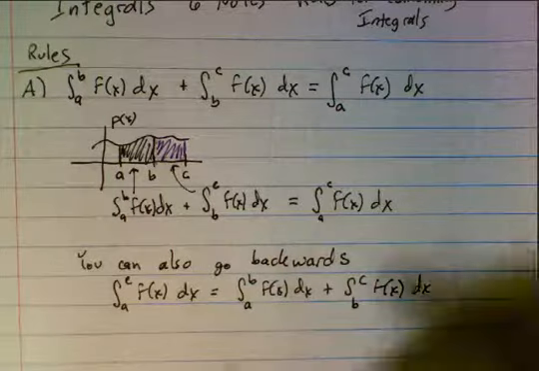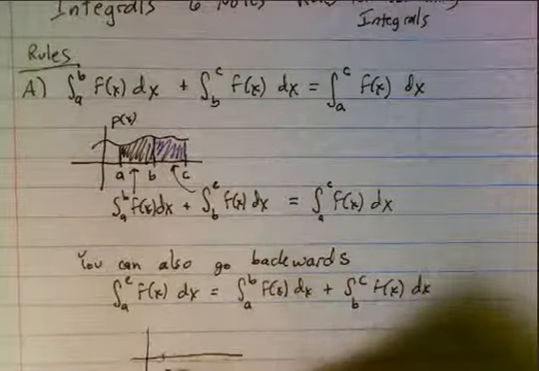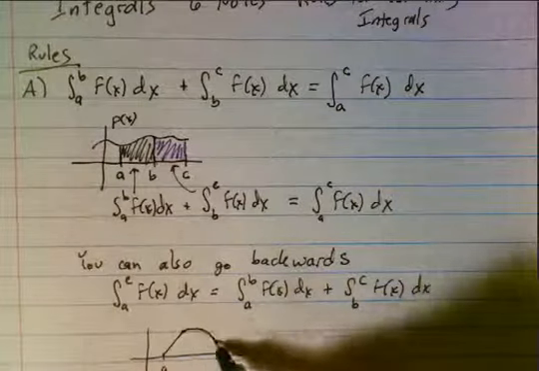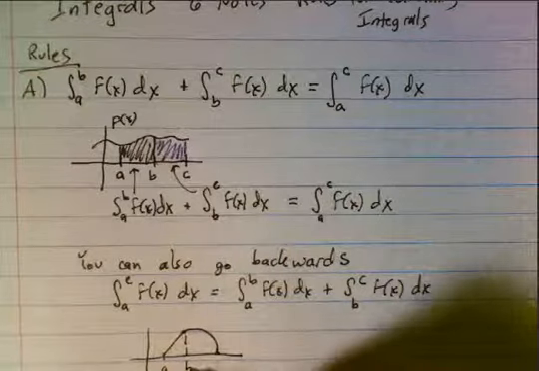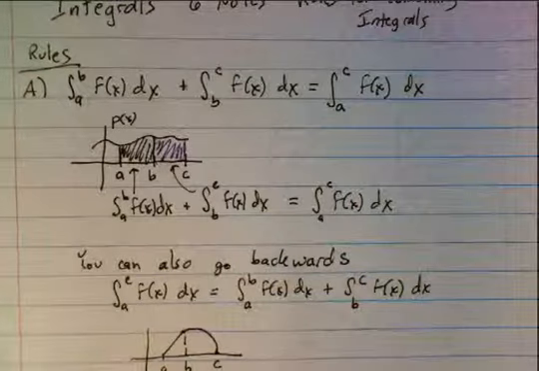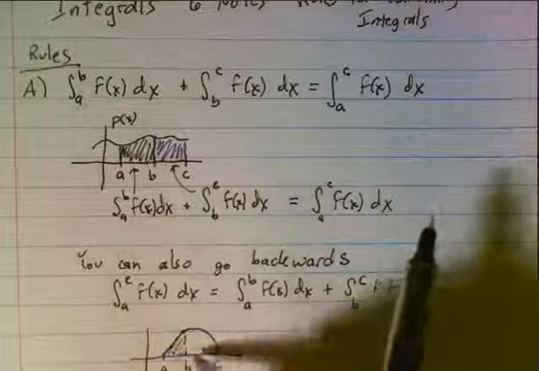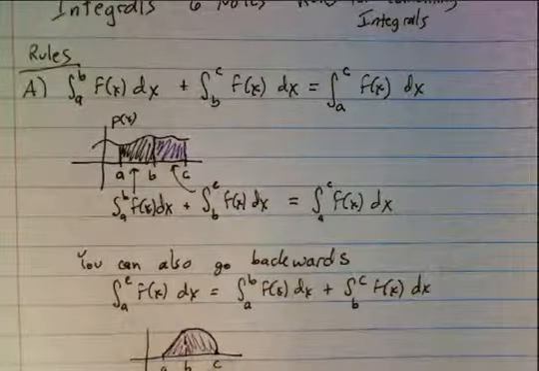We've actually used this extensively in the past, even though we didn't realize it. If we had a shape like this, so like there's a triangle here and a semicircle or a quarter circle here, what we did in the past was we found this area plus this area and added them up to get the whole integral.